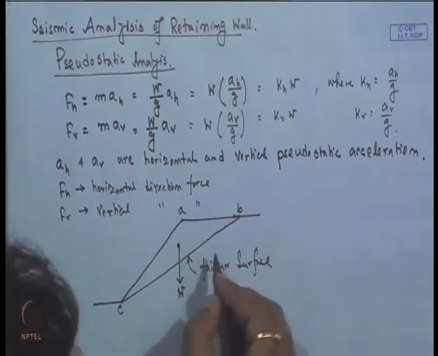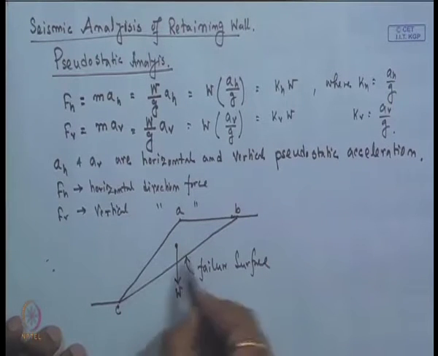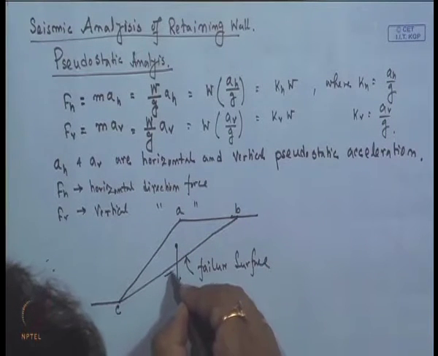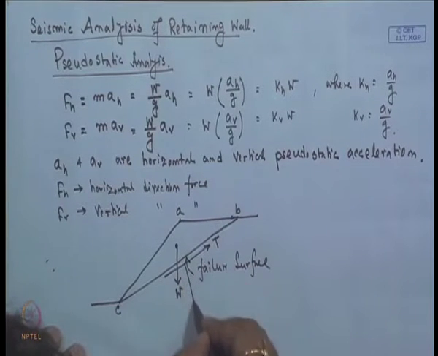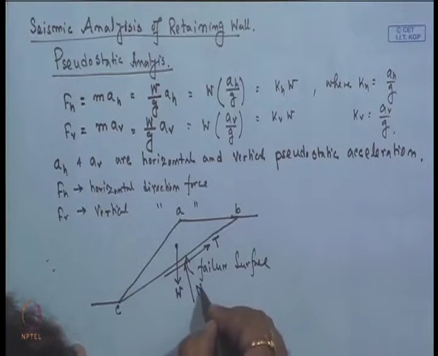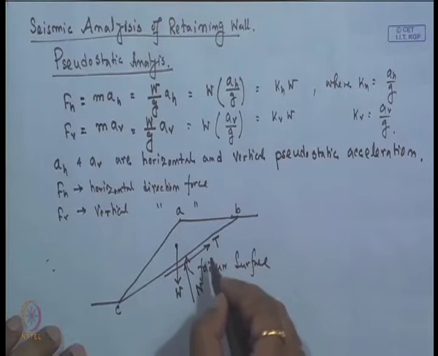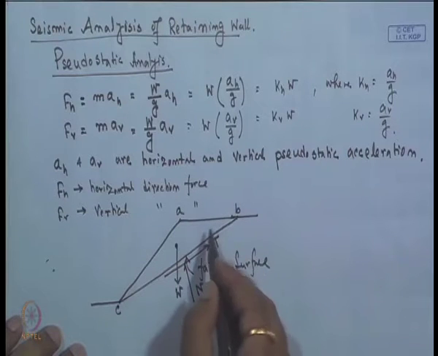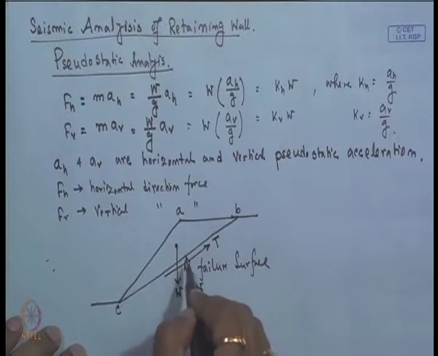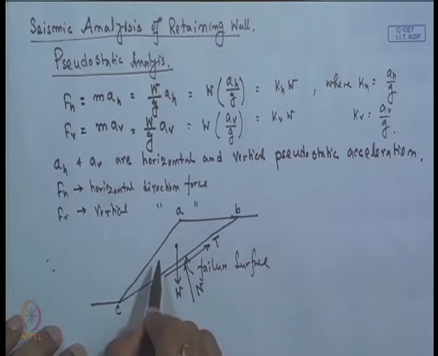Now, when we apply the seismic condition, additional forces will act. On the failure surface, this is the shear force T and this is the normal force. This is the force acting due to the static condition. Now, if we add the pseudostatic forces, in the horizontal and vertical condition two forces will act.